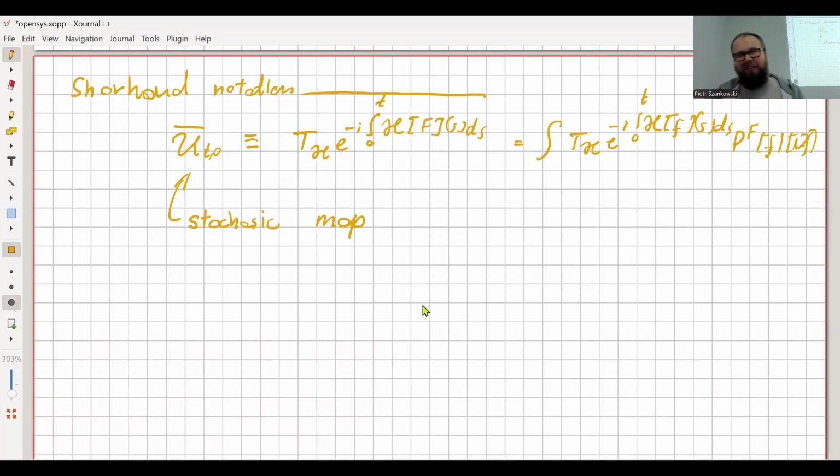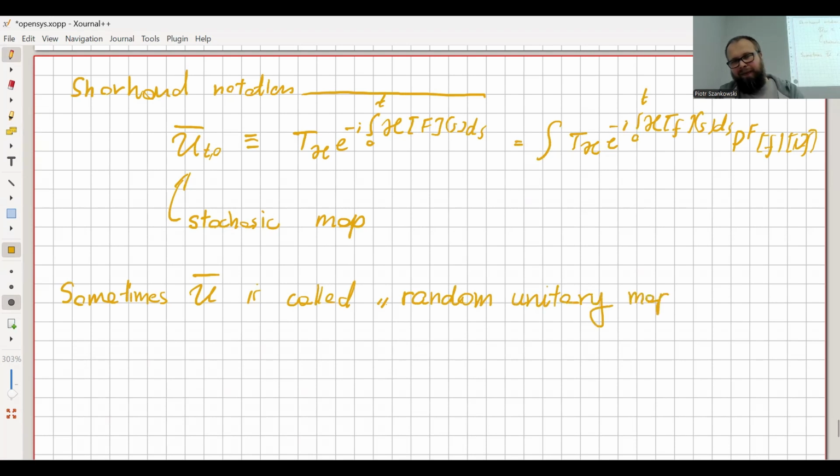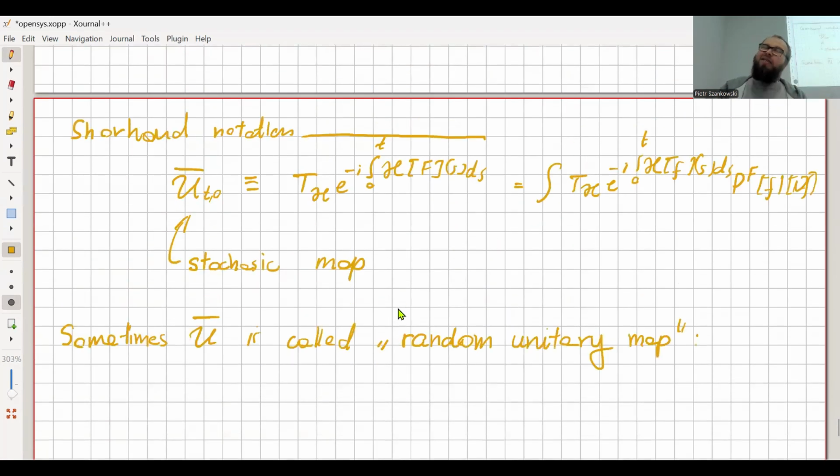In the literature, U bar is sometimes called a random unitary map, and this is also a good name.